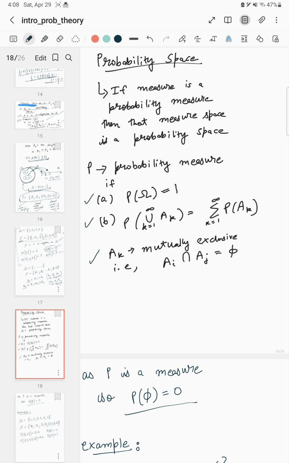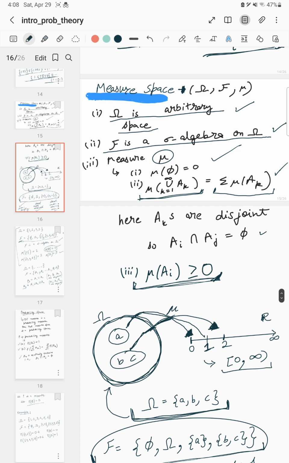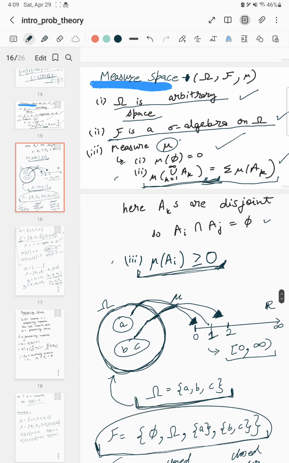As we had seen in our previous video, a measure space can be considered a measure space if, for an arbitrary set omega, F is a sigma algebra on omega, and the measure mu follows these three properties as we had discussed in the last video: the measure of the null set is 0, the measure of a countable union of disjoint sets is the summation of the measures of the individual disjoint sets, and the measure of any set present in the sigma algebra F is non-negative. We also saw that this measure space is monotone in nature. If you want to visit this in more detail, you can view the previous video.